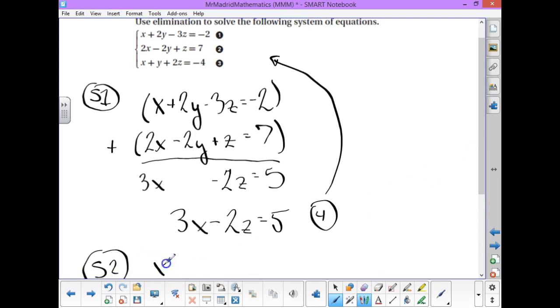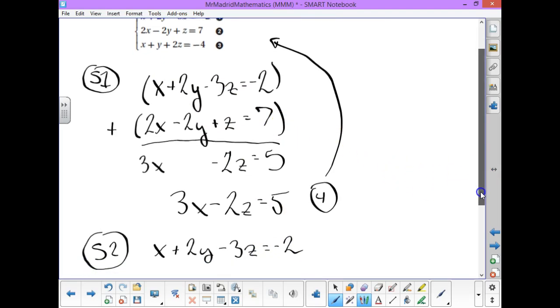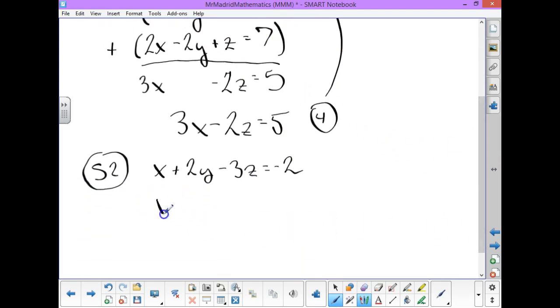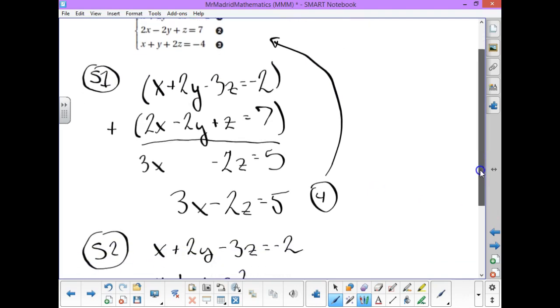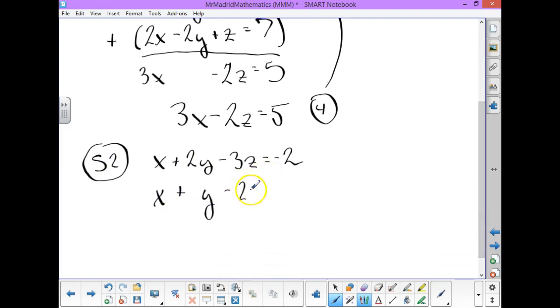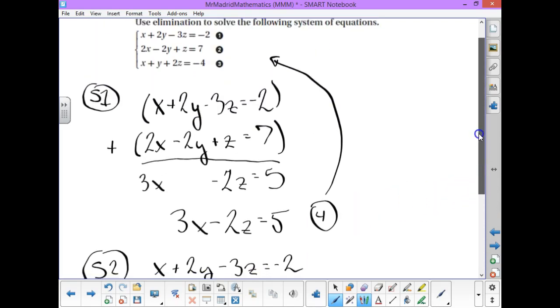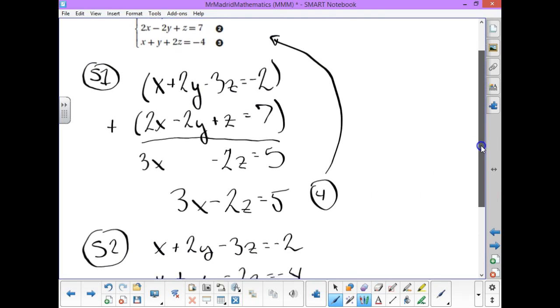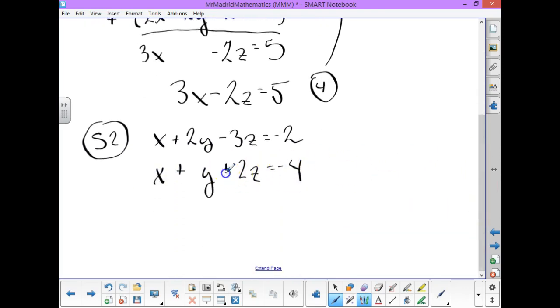So x plus y plus 2z equals negative 4. Alright, let me just double check. x plus y, whoops, plus 2z equals negative 4. Okay.